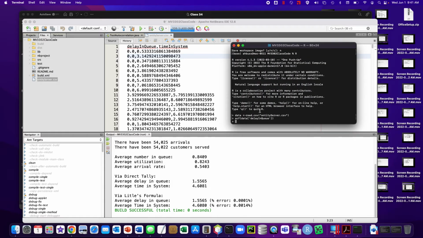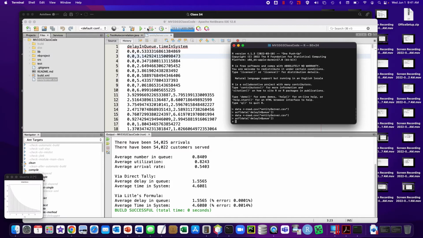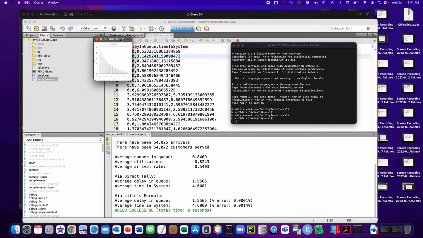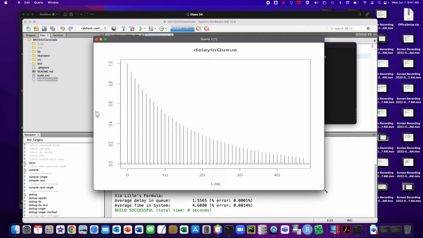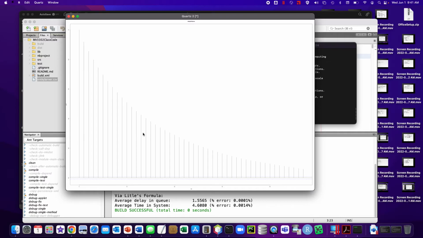All right, so this is a graph of the autocorrelation of what I just generated.